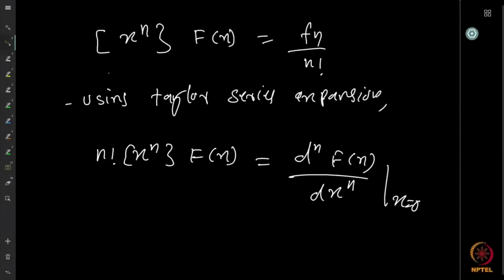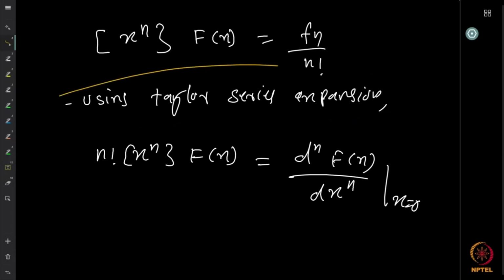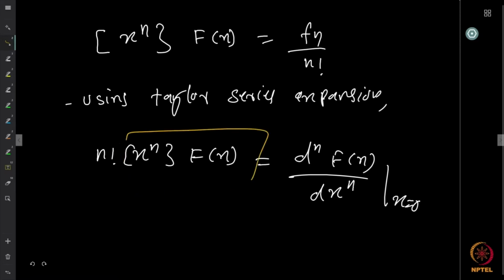Now, what is that? This is basically using Taylor series expansion. Whenever you are given the function f of x, you can use Taylor series expansion and then multiply by n factorial, right? Look at the coefficient of x raised to n in f of x, and that is, by Taylor series, the n-th derivative of f of x with respect to x, evaluated at x equal to 0.